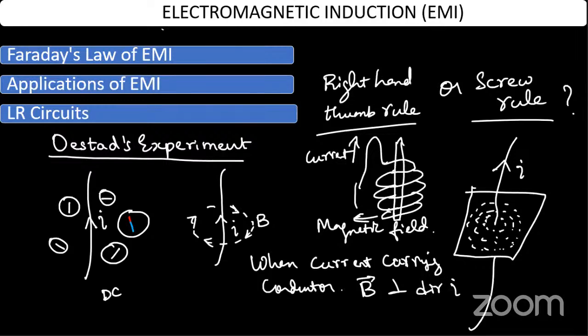So whenever there is current through a conductor, there exists a magnetic field B which is perpendicular to the direction of the conductor. Hope you know this. This was the theory given by Oersted.